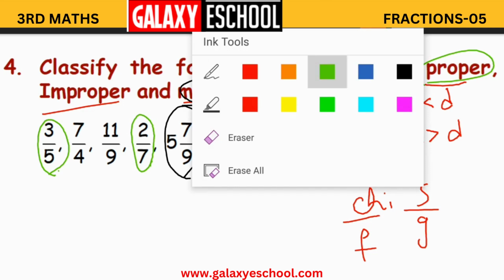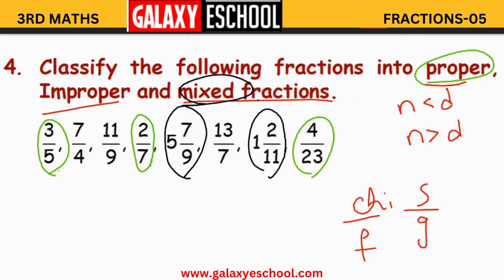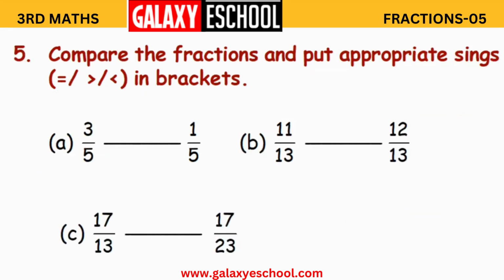In all these 3 cases, the numerator is less than our denominator, so they become our proper fractions. Now coming to improper fractions, let us circle them with blue color. 7 by 4, 11 by 9 and 13 by 7. These 3 become our improper fractions where the numerator is greater than the denominator.